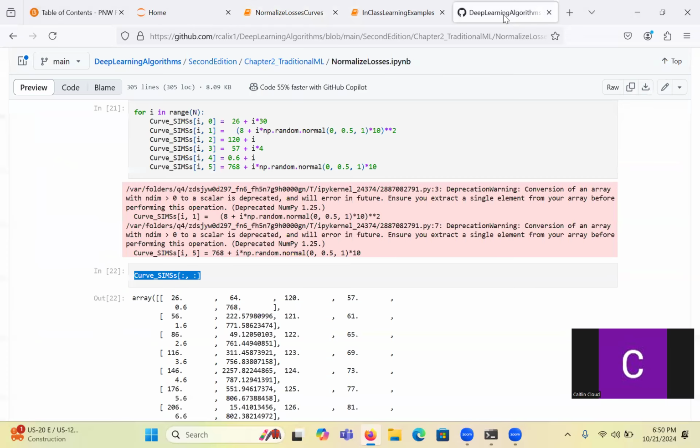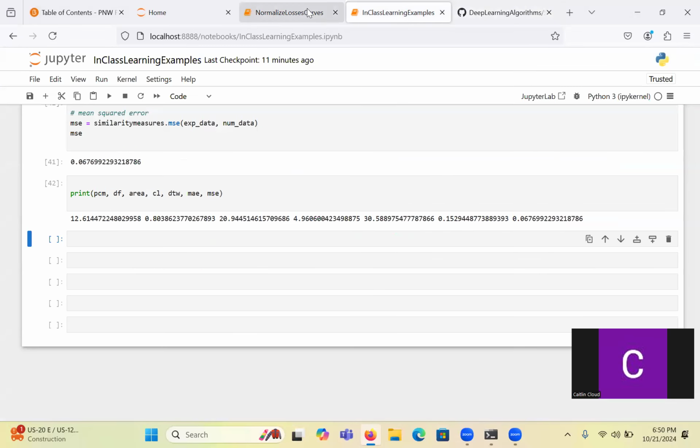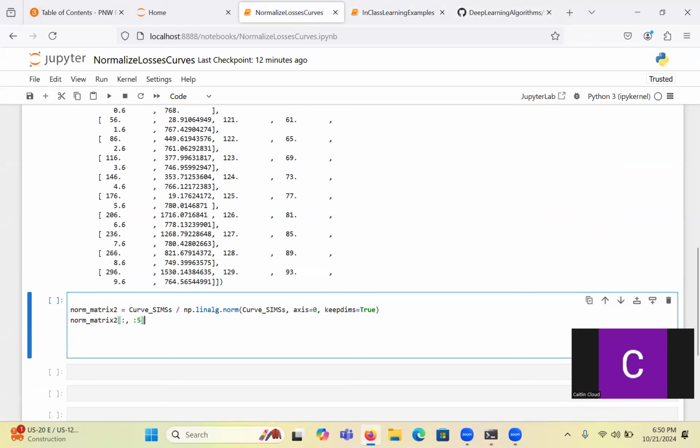The next step in the Jupyter notebook, after we printed this, is to think about this idea here. This is a normalization. There are two types: standardization and normalization. Standardization is where you calculate the mean and the standard deviation, and your values end up between about -2 and +2. Normalization is where the values end up between 0 and 1.